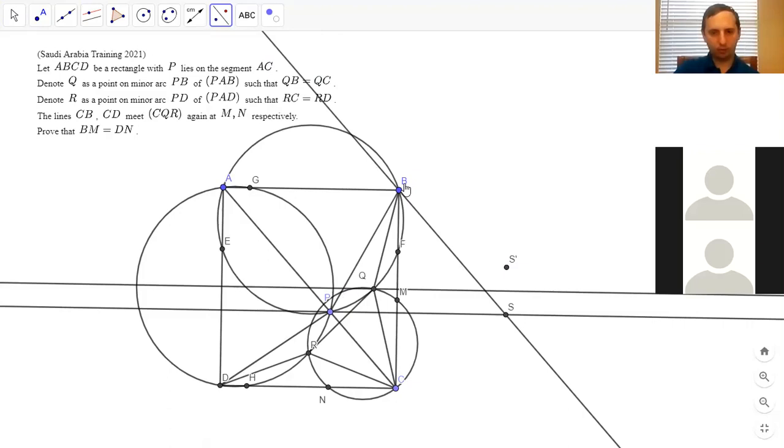And we want to show that DM is equal to DN. But those triangles don't look congruent. That's the thing. I want to try to get congruent triangles.